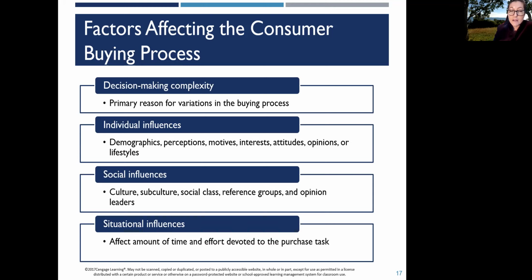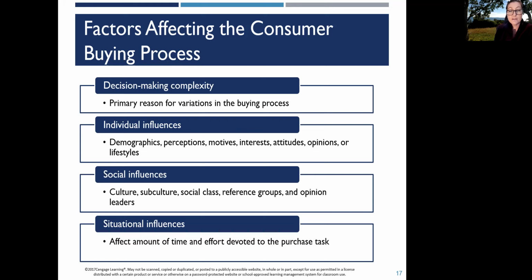So highly technical or highly complex products are going to influence the consumer buying process, make the information search longer, make the evaluation process more involved. Maybe even the purchase process is more difficult and acts as a deterrent for actually purchasing the product.